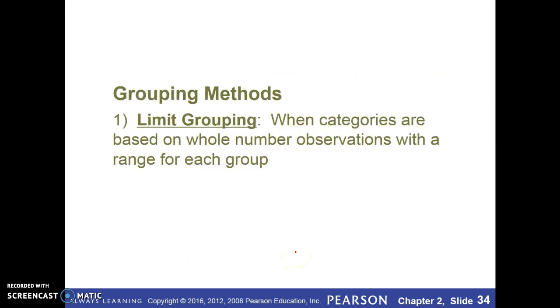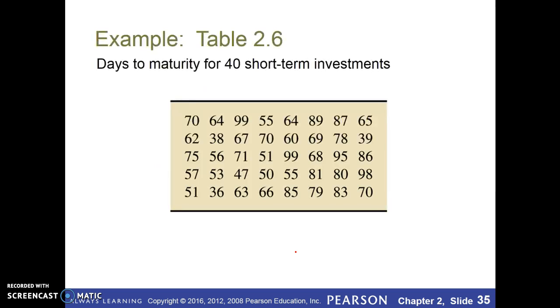Another type of grouping method is limit grouping, when categories are based on a whole number observation with a range for each group. An example of that would be days to maturity for a short-term investment. I'm not great on types of investments, but in the answers you can see here, I see something as low as 36 and as big as 83.